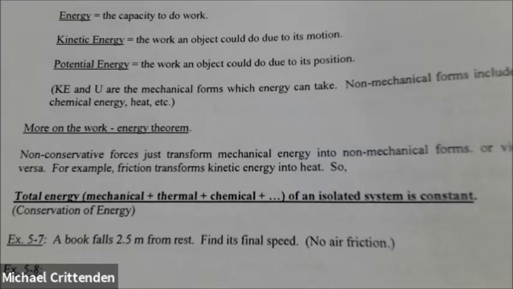Kinetic and potential energy are the forms that we're going to be talking about for the time being, because at the moment we're looking at mechanics. Physics is a subject with several different branches, and the branch we're in right now is called mechanics. But there are also a number of non-mechanical forms.